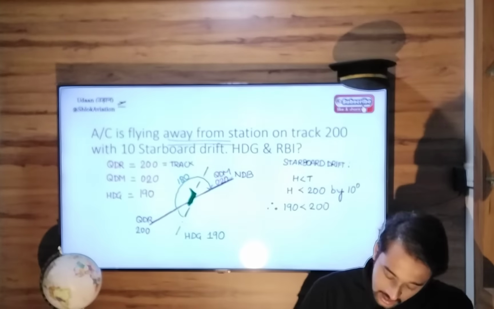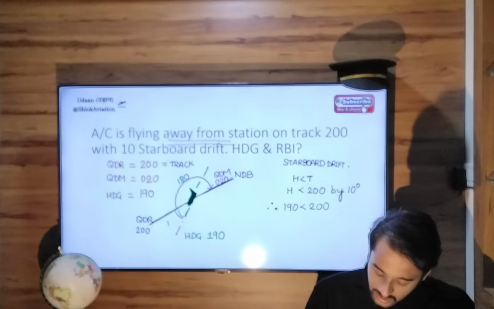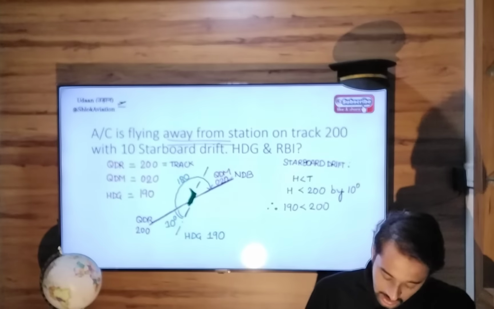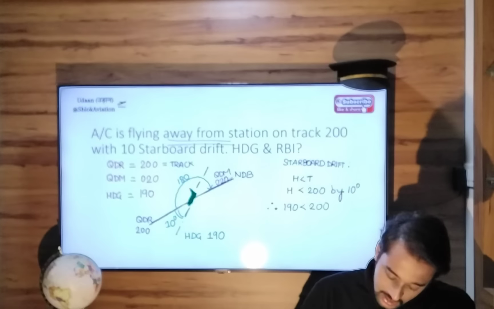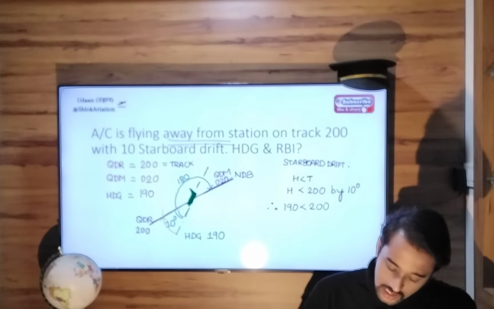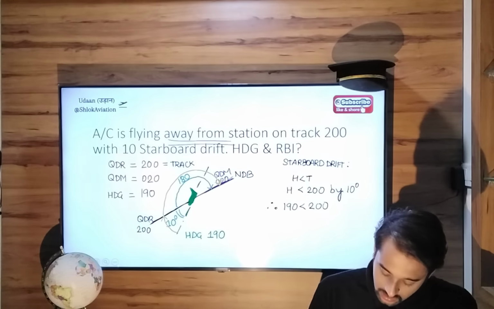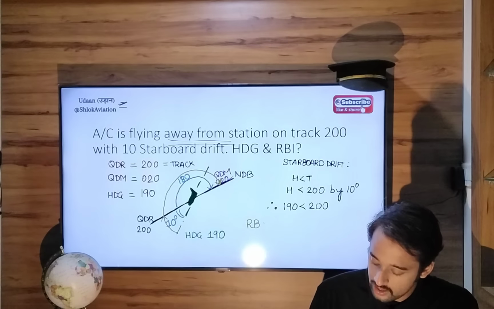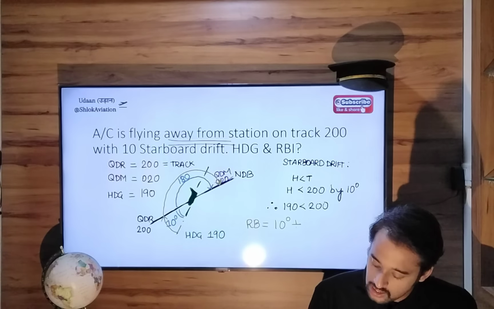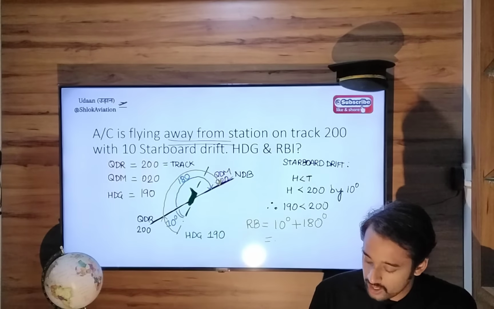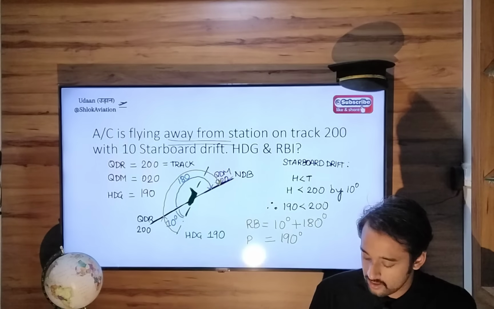And this extra angle is 10 degrees. So total relative bearing will be 10 degrees plus 180 degrees, which is 190 degrees.